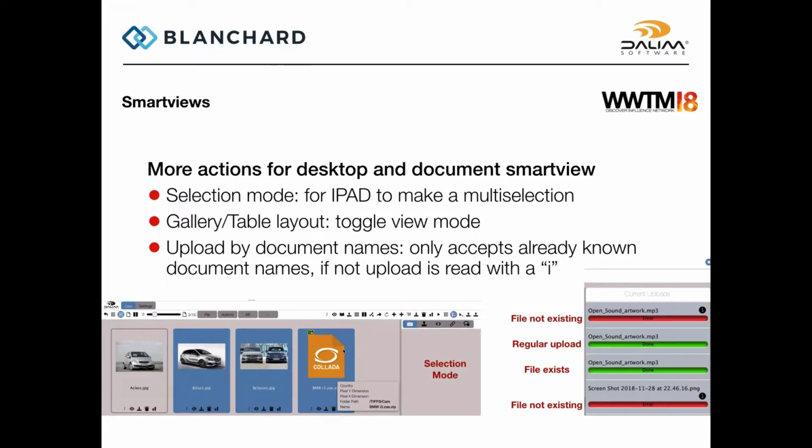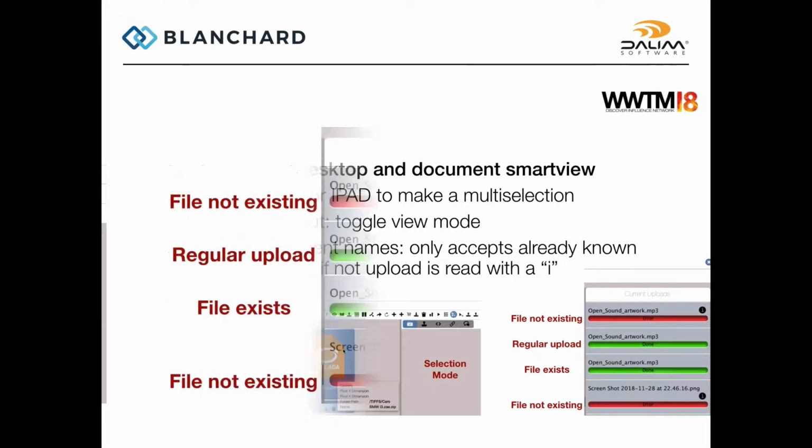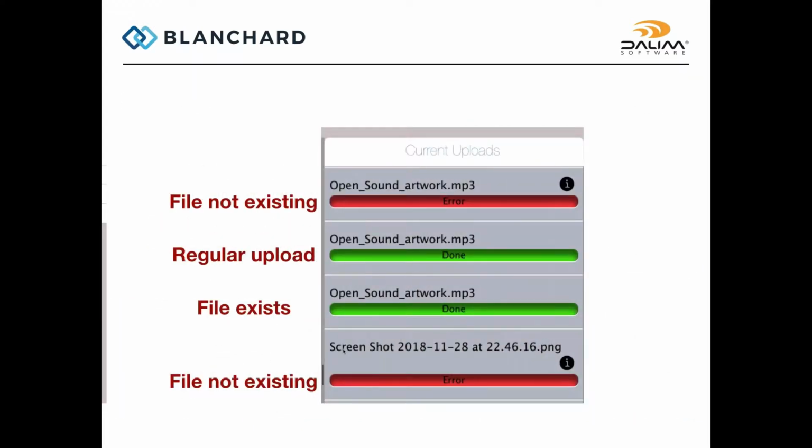There's also a new section that basically allows an upload of a document only if that document's name already exists in ES, and then it will update or revise that document. You can see the look of that as you upload. If the file doesn't exist and you upload it, it will error on that file, and the information will tell you the file doesn't exist.